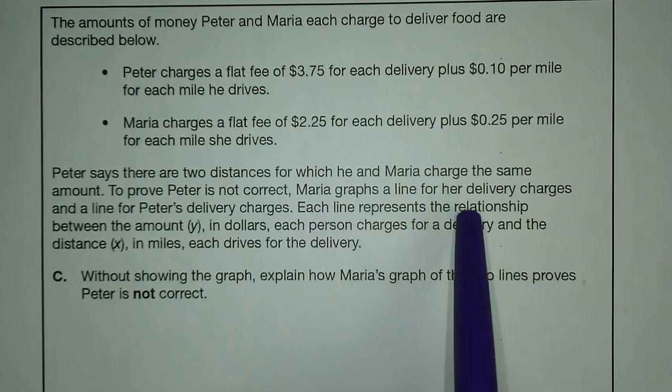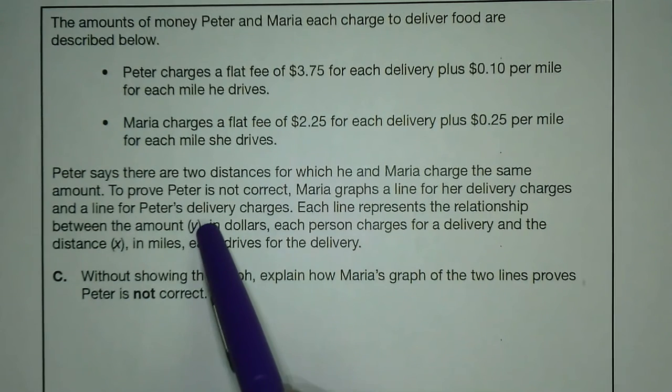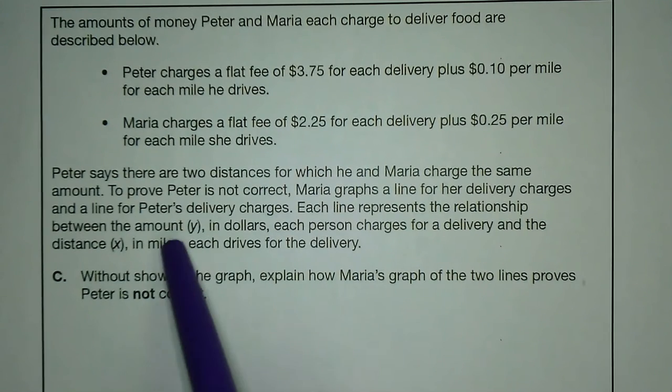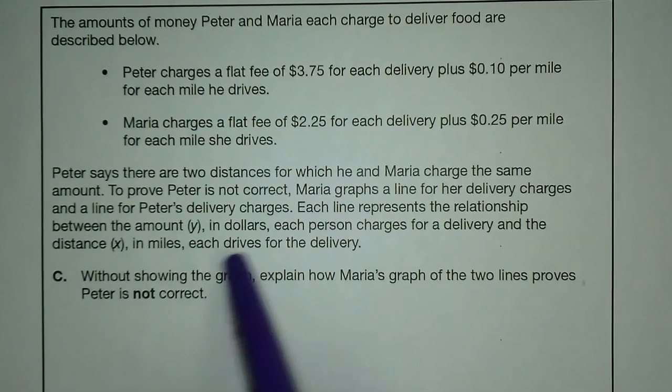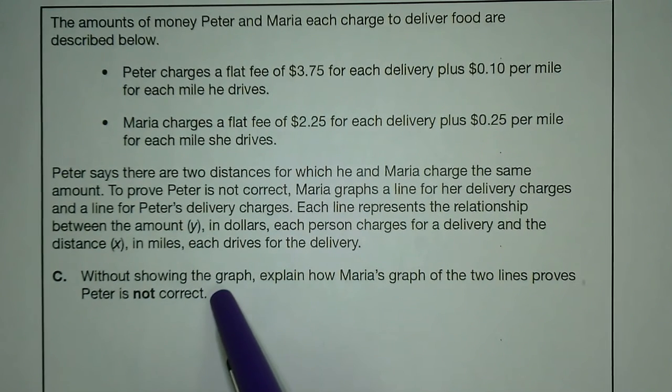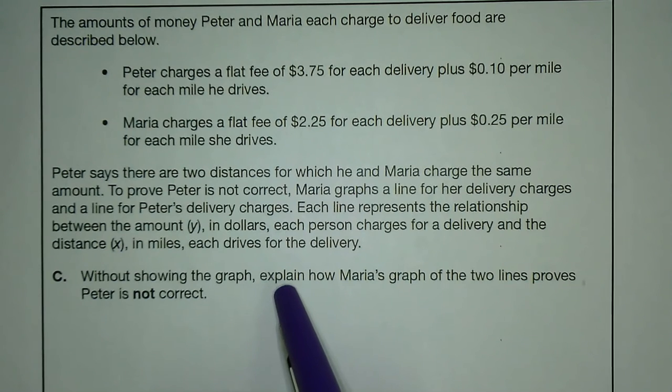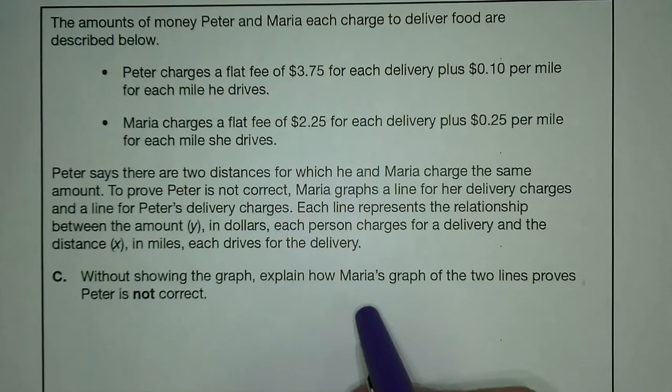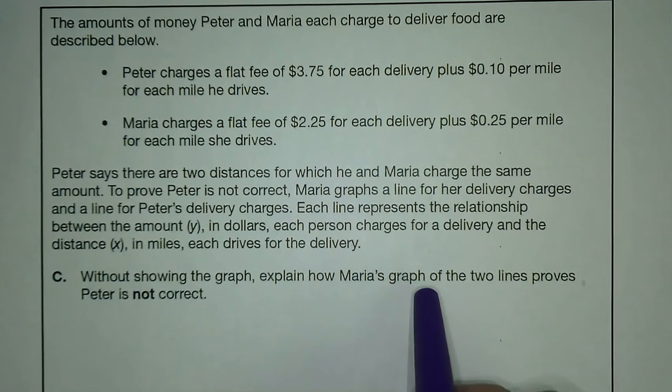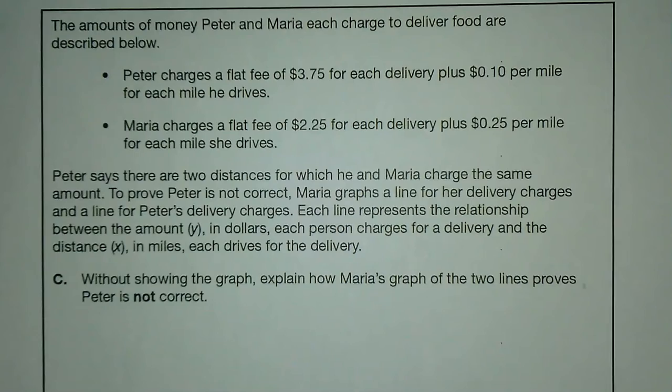Each line represents the relationship between the amount Y in dollars each person charges and the distance X in miles of each delivery. Without showing the graph, explain how Maria's graph of the two lines proves Peter is not correct.